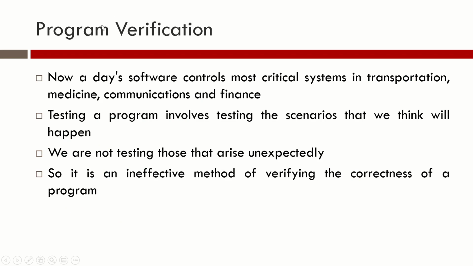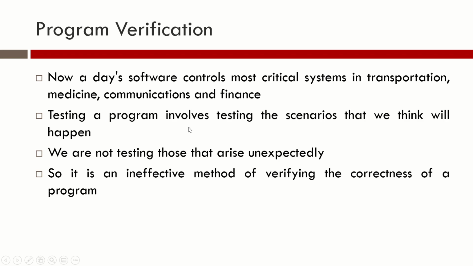Now coming to program verification. Nowadays we know that software controls almost all critical systems like transportation systems, medicine, communications, finance; everything is controlled by software. So we need to test this software because it controls critical structures.